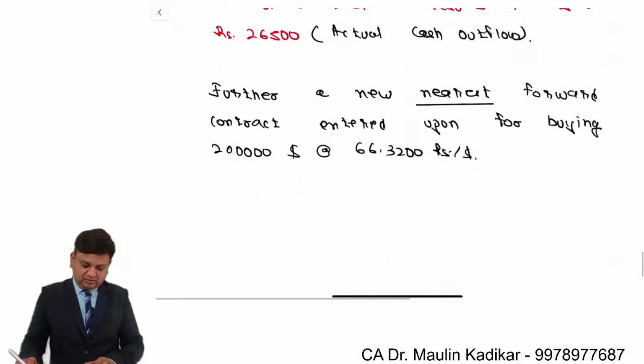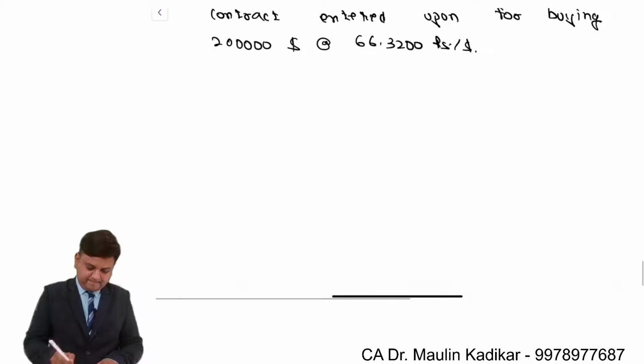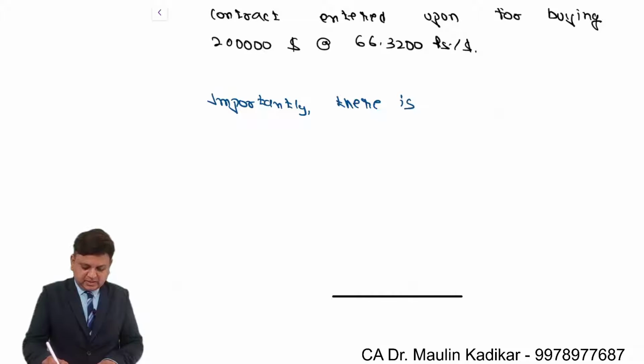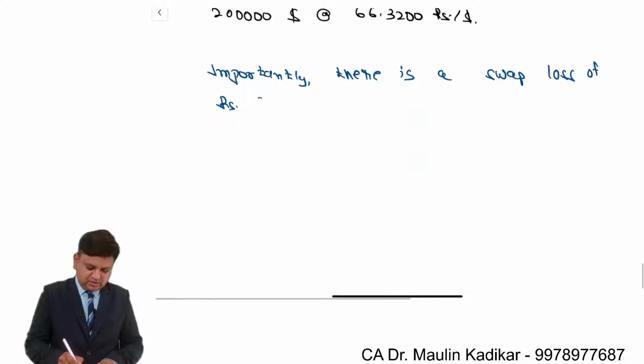With paragraph write down: importantly, there is a swap loss of rupees 8,500.